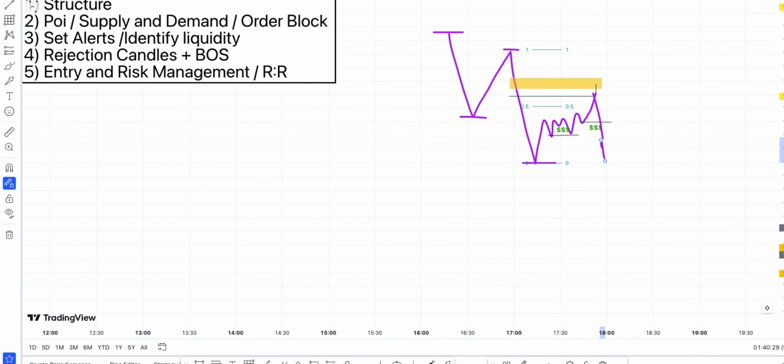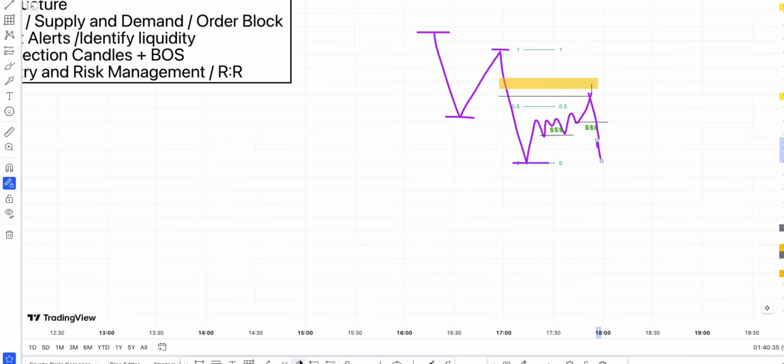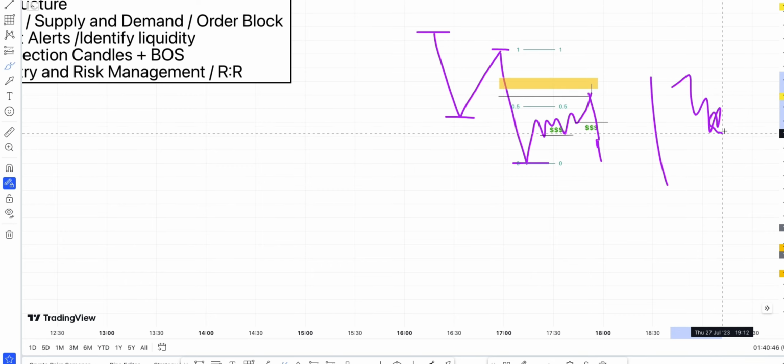But before we get into that, I wanted to say one more thing. When it breaks your structure with a rejection candle like this, make sure the structure has healthy price action. What I mean by that is aggressive movement downwards or upwards when you're trading, not like this. So this first line I drew is proper, not like this. The second line is improper. Now you don't want this little retail crap all the way down. You see how it's like wobbly?